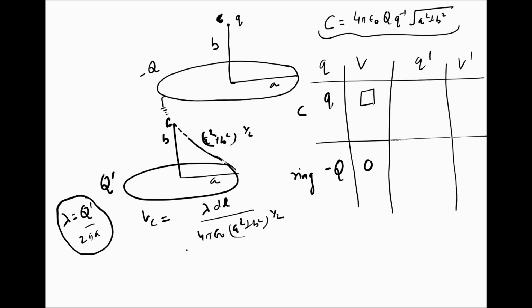Now V_C will be equal to lambda into 2 pi A, or this will give you total charge Q dash over 4 pi epsilon naught square root of A square plus B square.